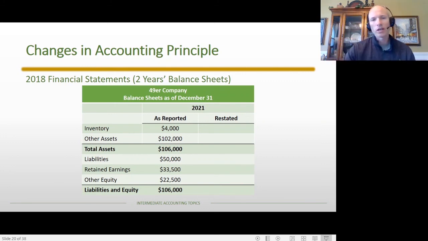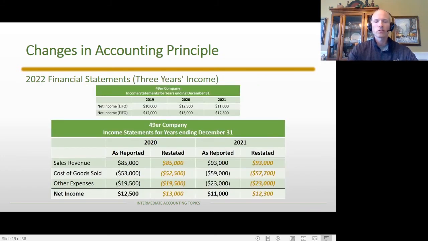Absolutely we would need to provide those on the test, and then we're required to go with the restated amounts. And so again, there's a cumulative difference. Now this is probably where students will make a mistake. Let me go back to the previous slide for a second. Notice that in 2020 the effect was only from the 2020 difference, and in 2021 the effect was only from the 2021 difference.